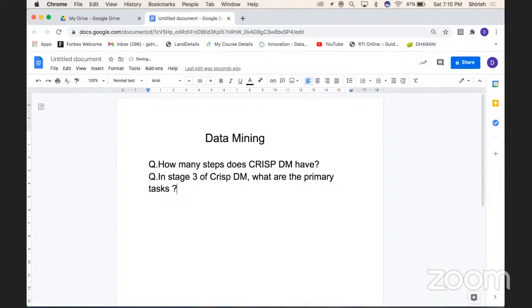So what are the primary tasks in stage 3 of CRISP-DM? We know that there are 6 stages, right? In the 6 stages, we have the 3rd stage.